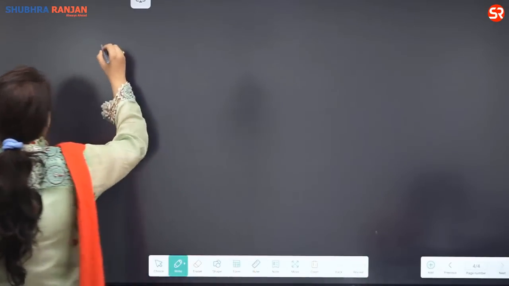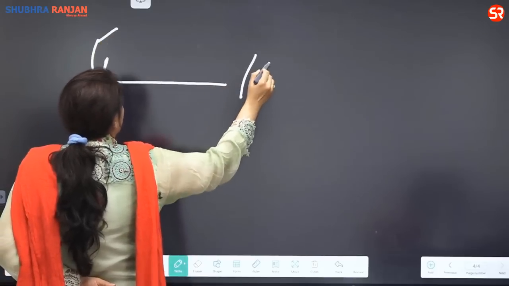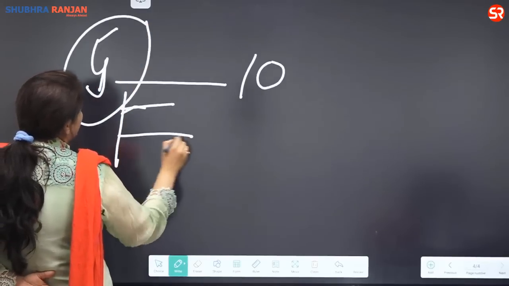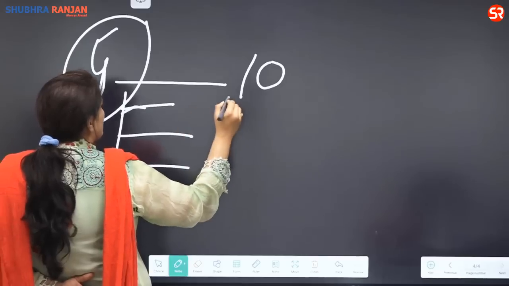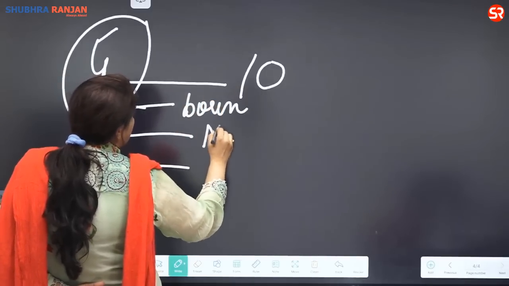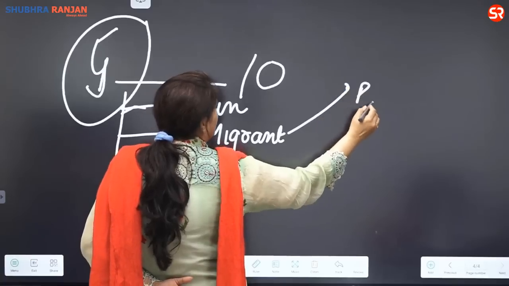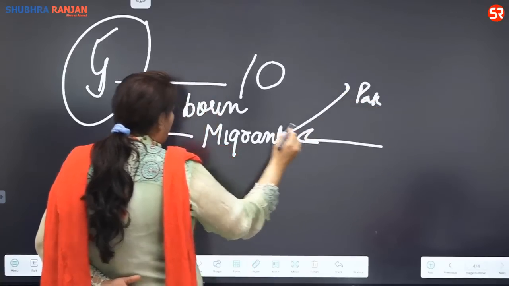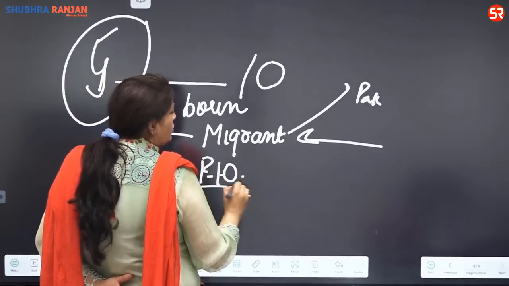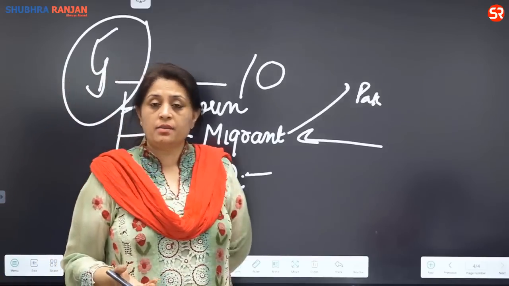From Article 5 till Article 10, the constitutional provisions only deal with the citizenship status of the persons born in India at that point of time, the migrants who have gone to Pakistan and who have come back, as well as the persons of Indian origin who were living abroad in countries other than Pakistan.